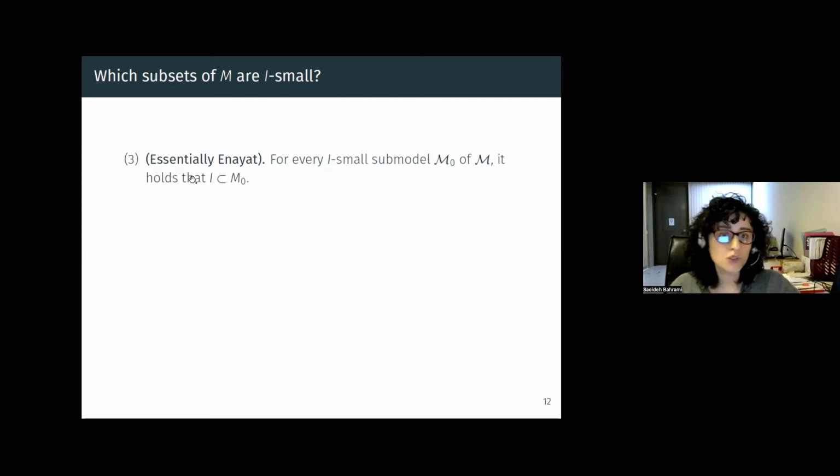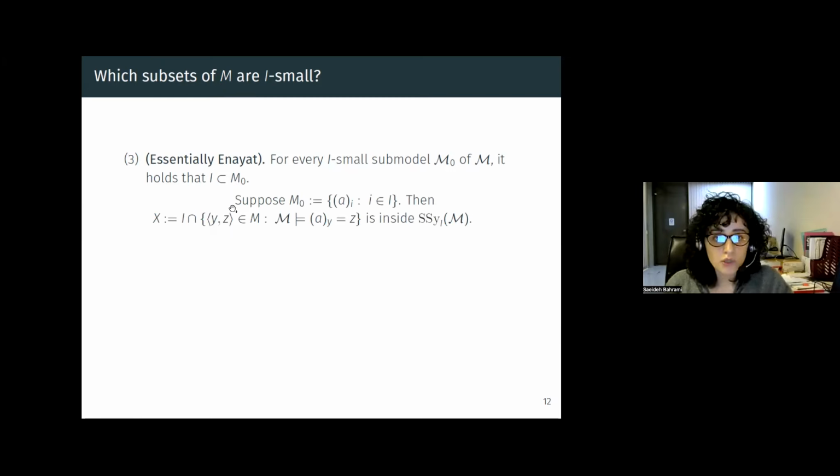And this result is essentially the same as NIH, which says that whenever I is strong, for every I small submodel M0 of M, I should be a subset of M0. So suppose the proof is like this.